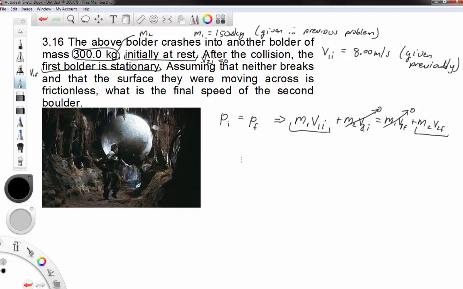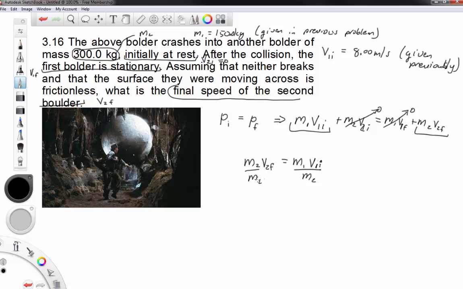So in any case, this term and this term should be equal, and the thing that we want is the final speed of the second boulder. So that is V2F. We're solving this equation for V2F. Well, we have M2 V2F is M1 V1I. So final speed of the second boulder times mass of the second is initial speed of the first times mass of the first.